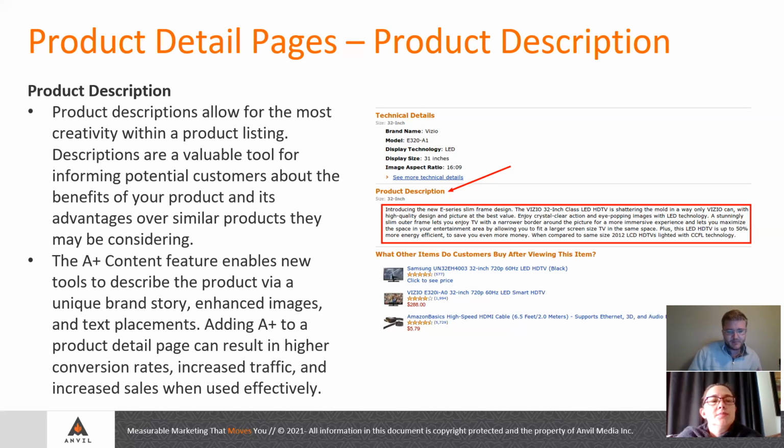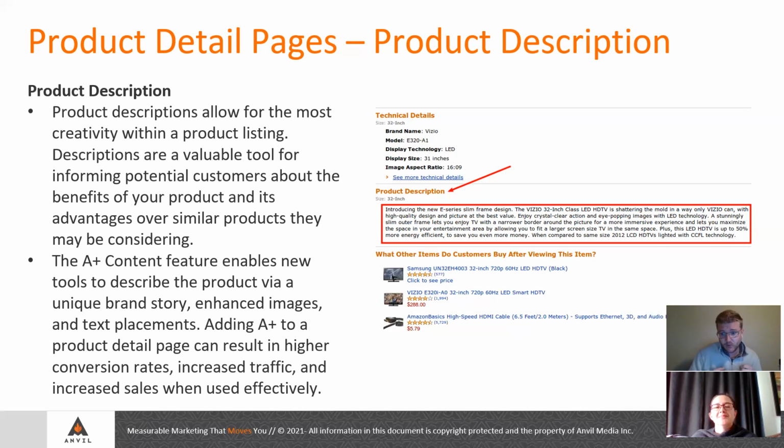So like I mentioned, that A+ content feature really expands this section of your product page greatly. You can have multiple very long product descriptions that are 3 or 4 folds deep onto the page, incorporating videos, rich text, as well as additional images.